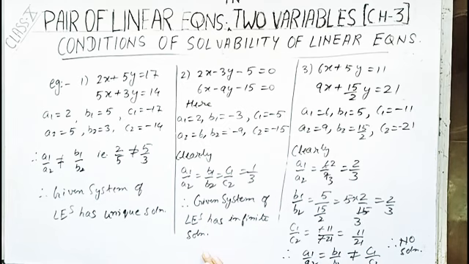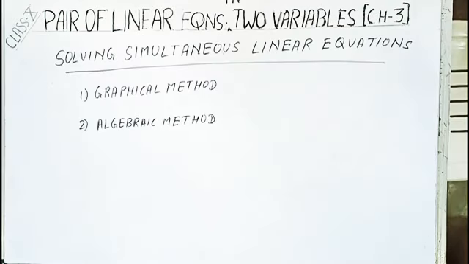So children, now we know the conditions of solvability of linear equations, consistent and inconsistent systems of linear equations. The sums based on conditions of solvability will be dealt with afterwards. Now we will see how to solve the pair of linear equations in two variables. Let us go to the topic solving simultaneous linear equations. We can solve simultaneous linear equations by two methods: number 1, graphical method, and number 2, algebraic method.